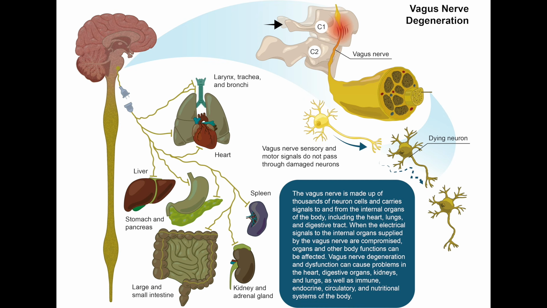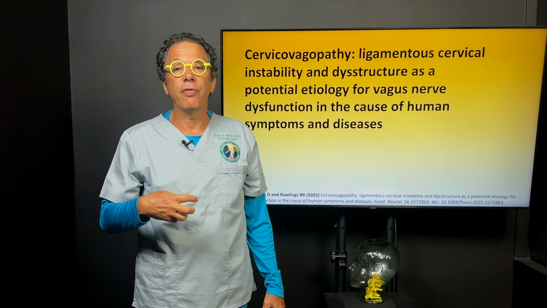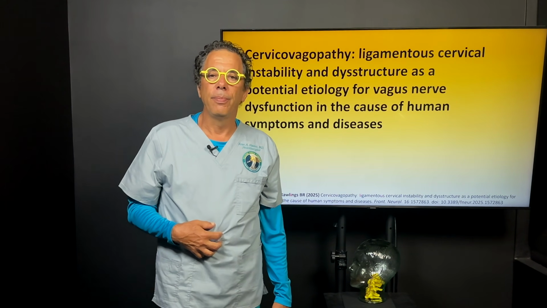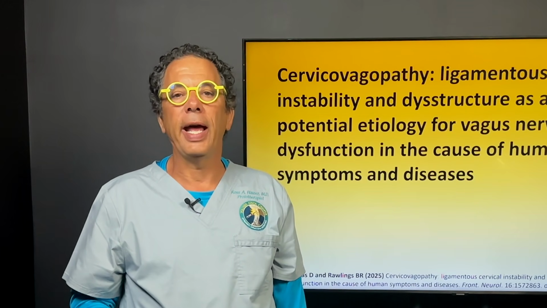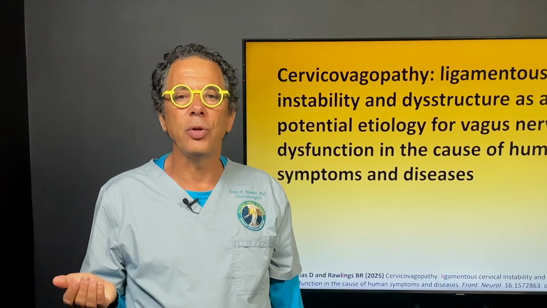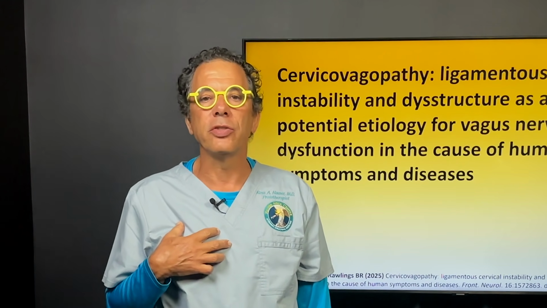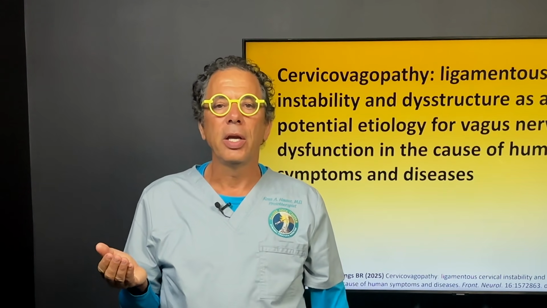The vagus nerve innervates the lungs, the heart, the digestive tract, the spleen, which has to do with the immune system, the liver, the pancreas. So when you get vagus nerve degeneration, your stomach can be affected, your pancreas, digestion, you can get leaky gut, you can have immune deficiency problems, you can get autoimmune disease, you can get heart arrhythmia, you can get shortness of breath, you can get lung conditions.